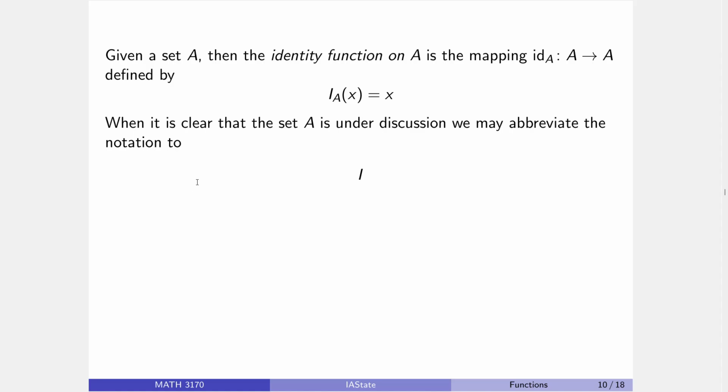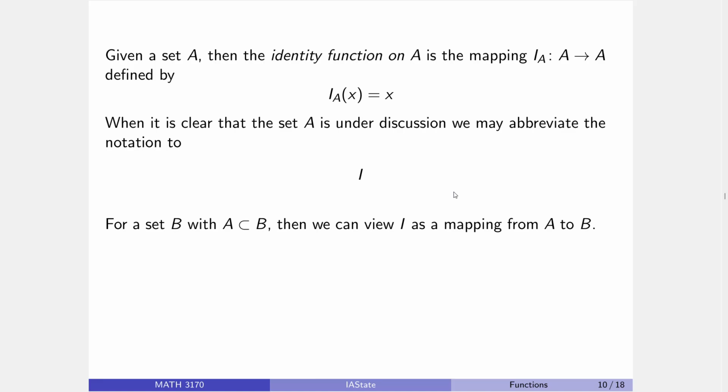I like just using a capital I. Again, there's not a lot of standard notation here with this stuff. Just pick something and stick with it. I always like using just capital I for this for a variety of reasons. And whenever the set A is obvious, you'll just write I, and you'll know what you're talking about.